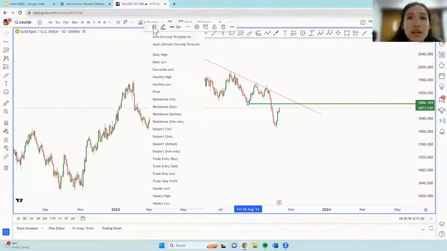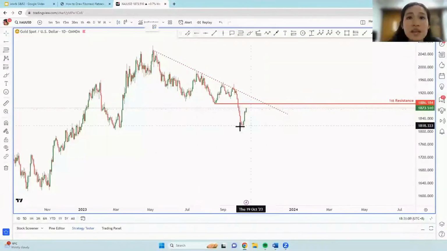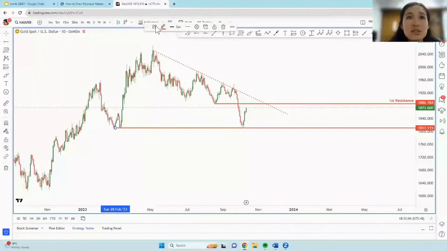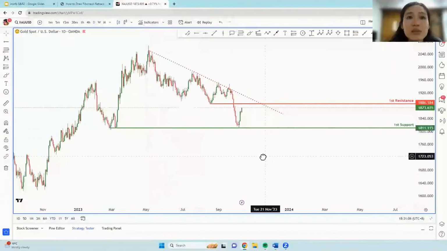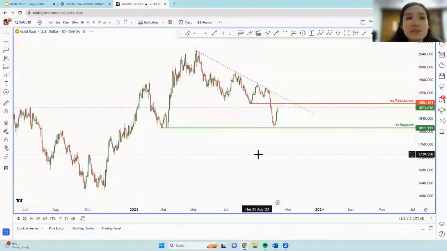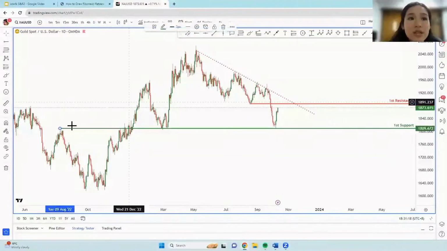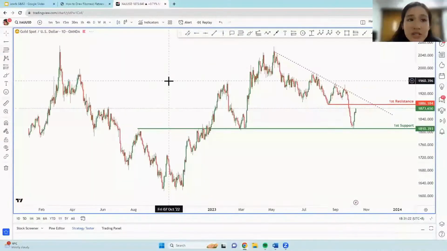Maybe I'll just place my first resistance there and my second resistance here, or rather my first support here. A good habit is to try and see how far back you can put your support and resistance levels.